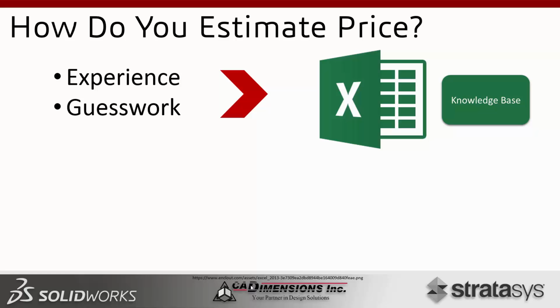Now that usually leads to some information that's written down somewhere. A lot of times it's in an Excel sheet, but that's your company's knowledge base of, we've been doing this for X amount of years. This is what we use as a guideline to help us price things out.